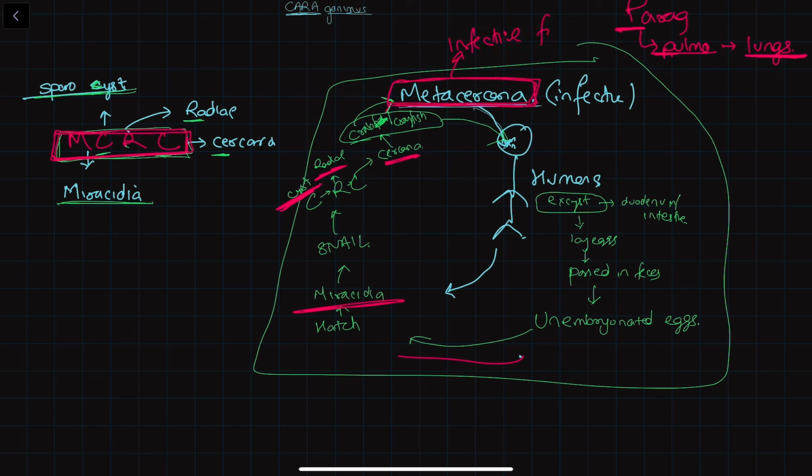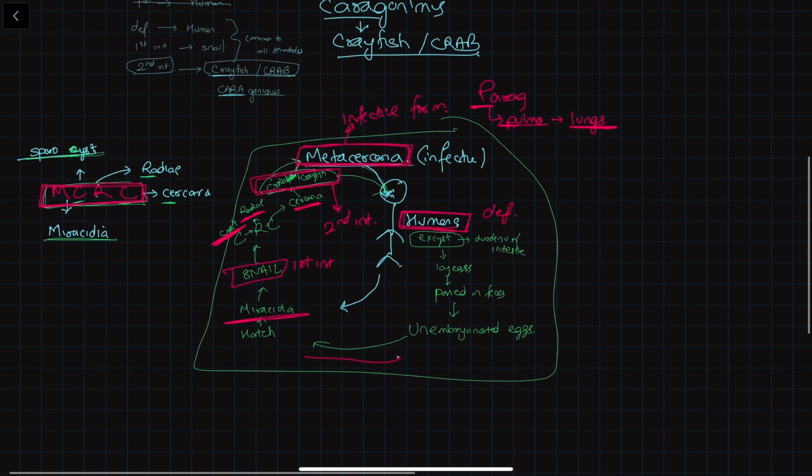Next, remember there are three hosts. The definitive host is human, the first intermediate is snail, and the second intermediate is crab or crayfish. This is the life cycle.